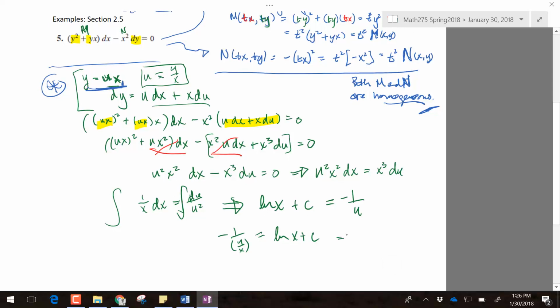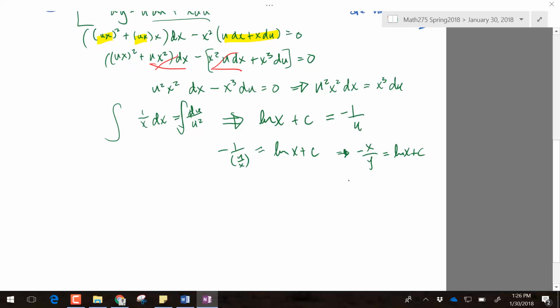And then we can solve for y. What do we need to do here? Negative x over y equals ln x plus c. And -1 over y.